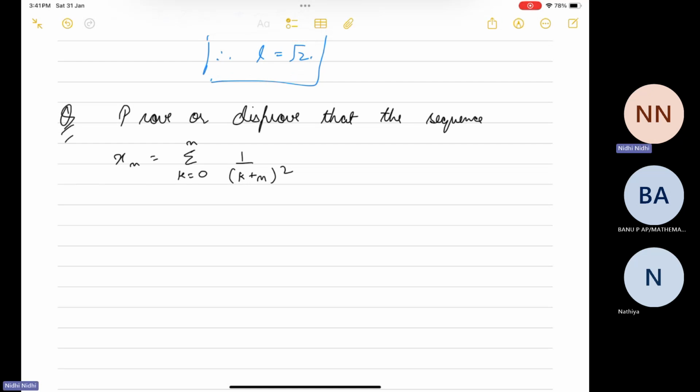Now we are saying that it converges to 0. We need to see whether this is true or false.